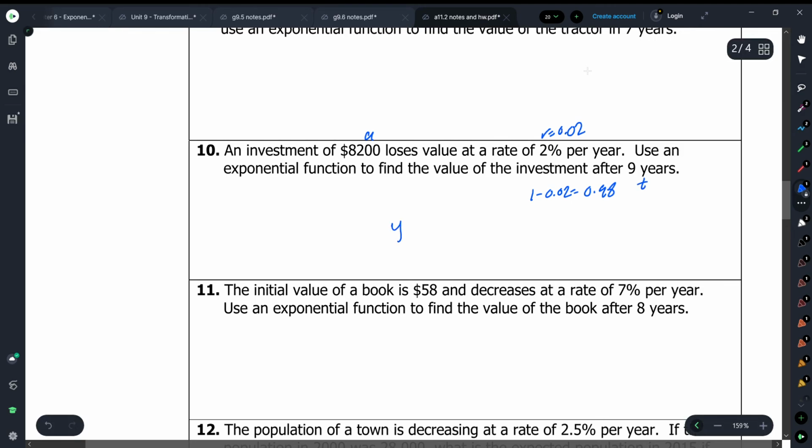So y equals $8,200 times 0.98 to the 9th power. Calculator tells me that this is going to be $6,836.73. That sucks that it's decreasing.